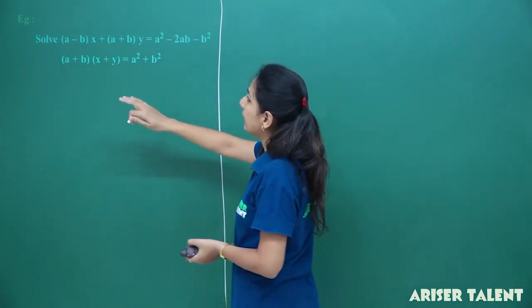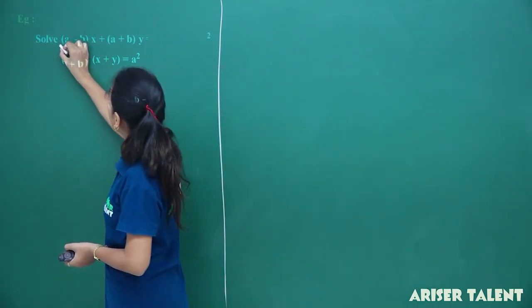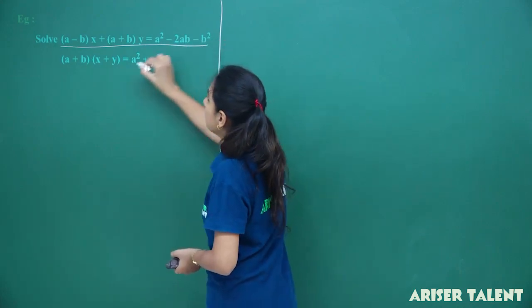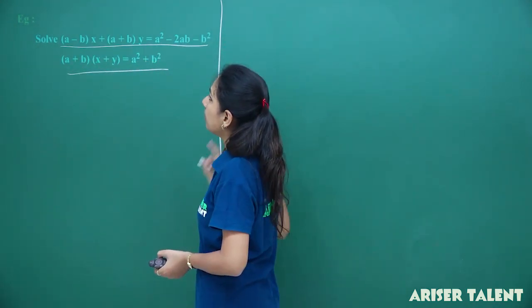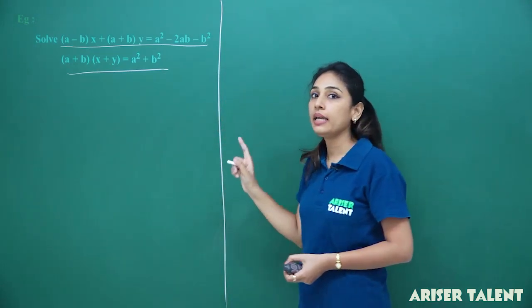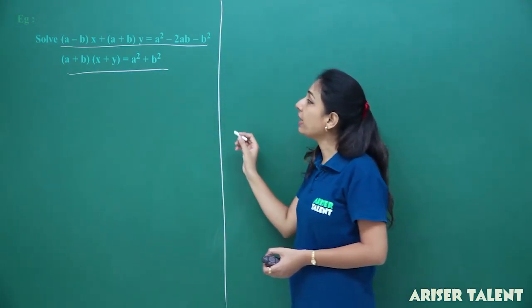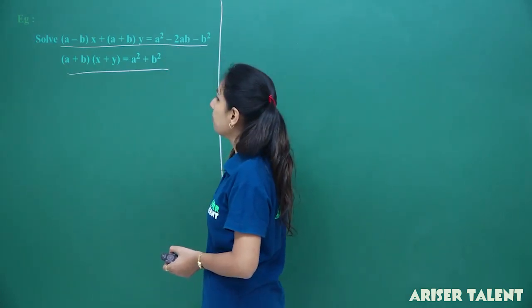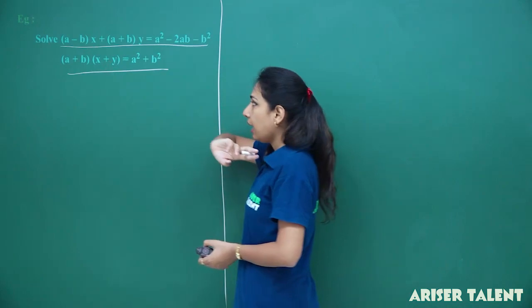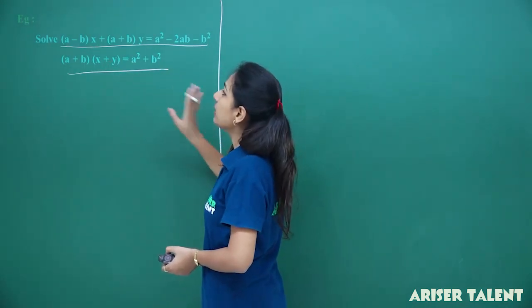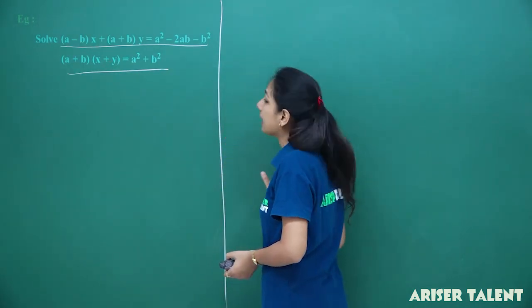First understand: solve. These are two equations. This is the first equation and this is the second equation. A minus b multiplied by x plus a plus b multiplied by y equals to a square minus 2ab minus b square. First equation. A plus b multiplied by x plus y equals to a square plus b square. This is our second equation.